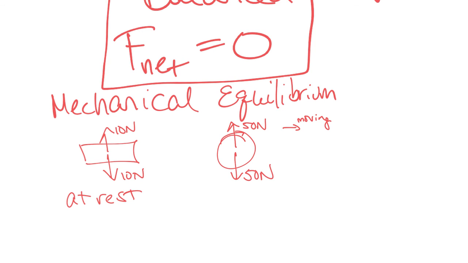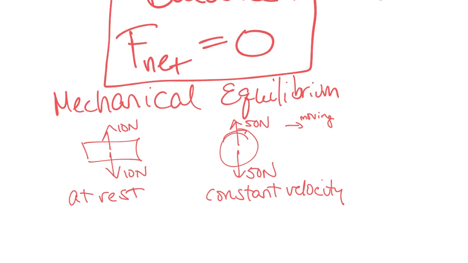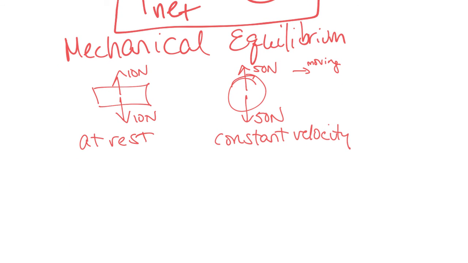It was just going forward at a constant velocity. Good. So if something is at a constant velocity, is it also in equilibrium? Yes, if something is at a constant velocity, it is also in equilibrium.